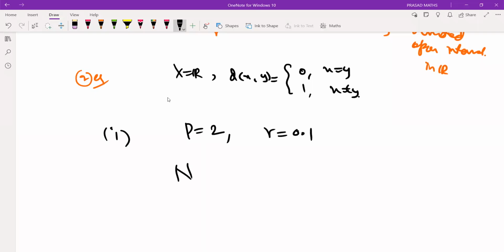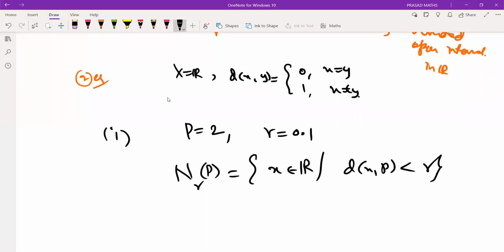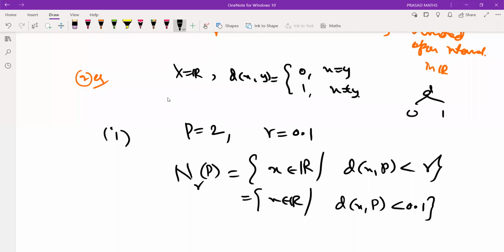What is the neighborhood of point P with radius R? The definition is the set of all points in the real line whose distance from x to P is less than R. See, what is R here? R is 0.1. So the distance is either 0 or 1 by the discrete metric, by definition.